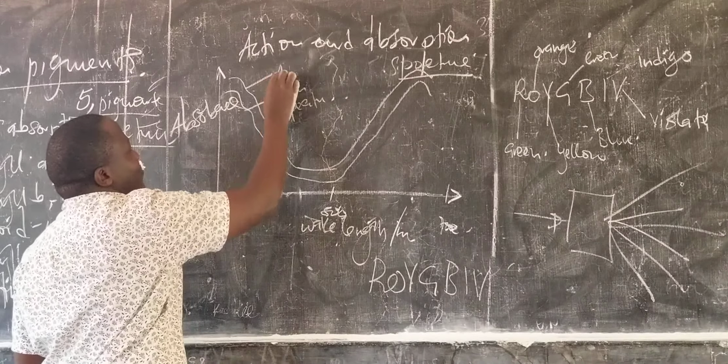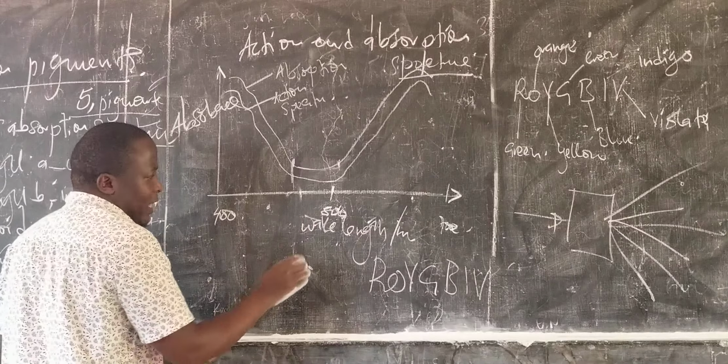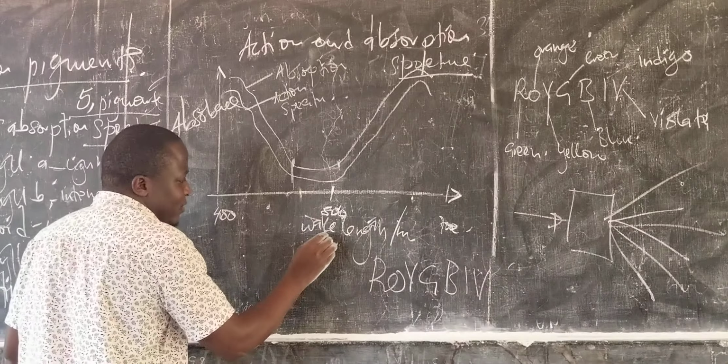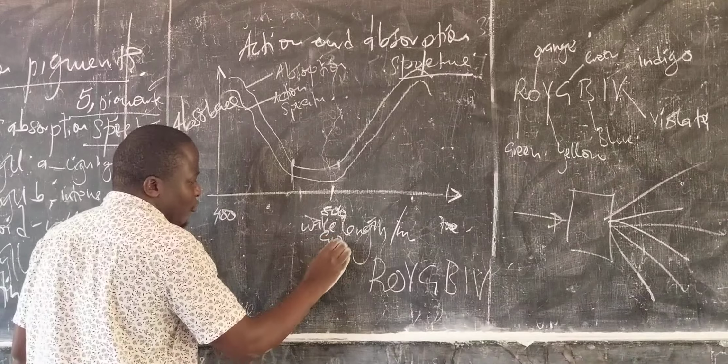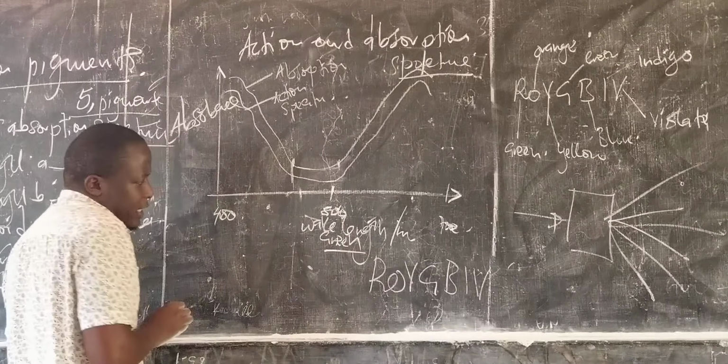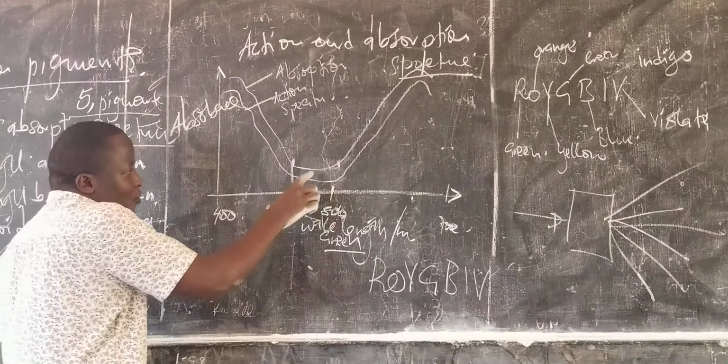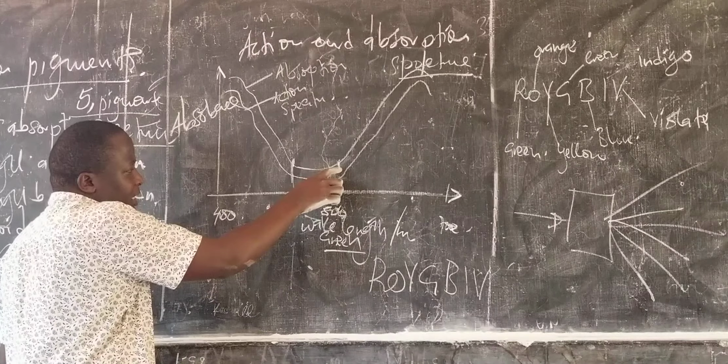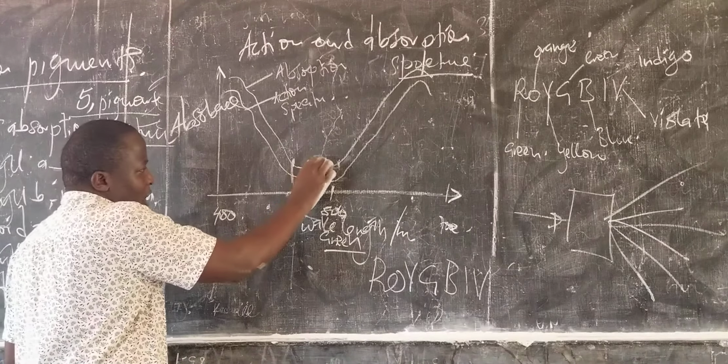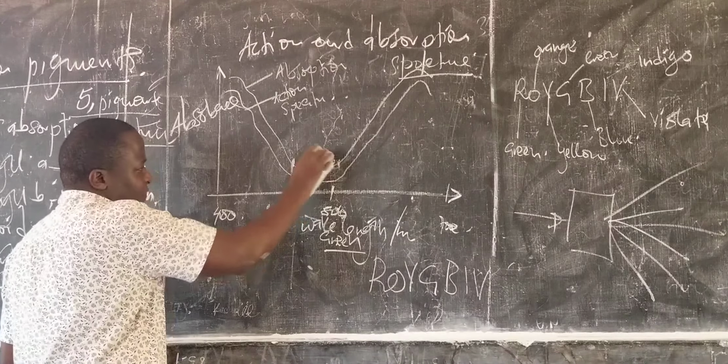Here at 500 nanometer wavelengths, we are expecting the green color. We expect green. This is green here. The dominating pigment in the leaf is also green, so we are going to have reflection of those light rays, and that is why the absorbance will be very poor at that level there.